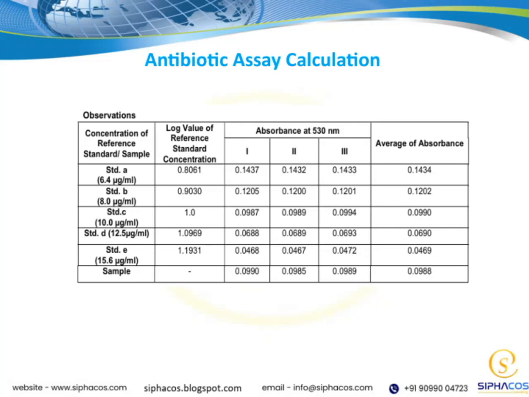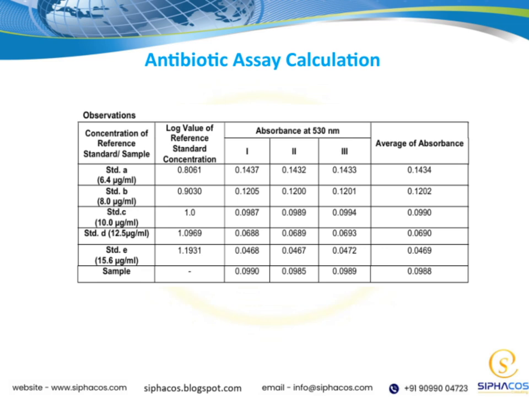Let's take a closer look at antibiotic assay calculation. This is a crucial step in determining the potency of our antibiotic samples. Essentially, we're calculating how much antibiotic activity is present based on our assay results. Key points include understanding the relationship between the concentration of the antibiotic and the observed response, often measured as zones of inhibition or similar indicators.